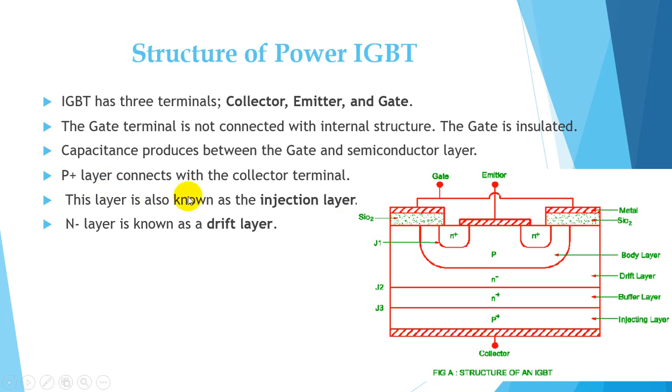The P plus layer connects with the collector terminal. This layer is also known as the injection layer. N minus is the drift layer. The drift layer is mainly used to provide the path for electrons to flow from emitter to collector.